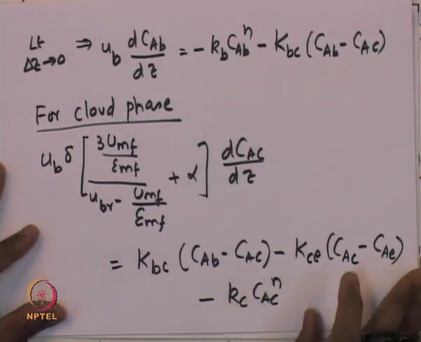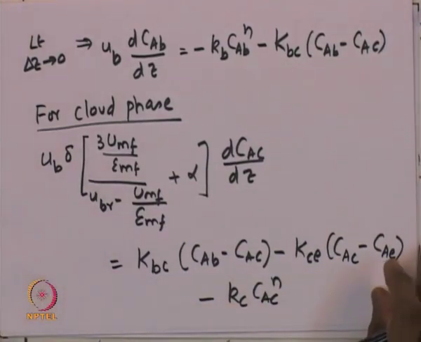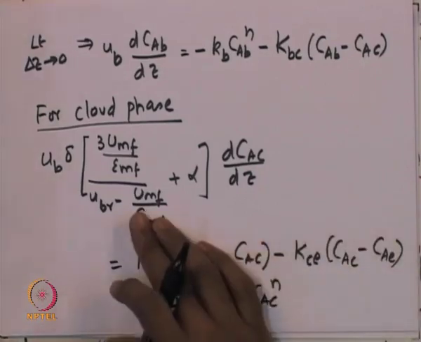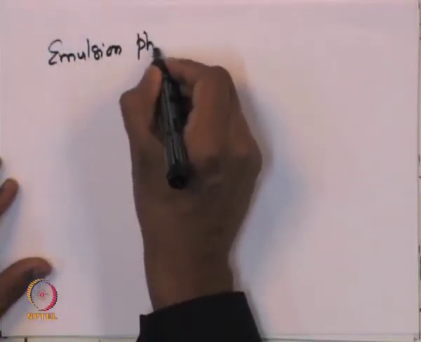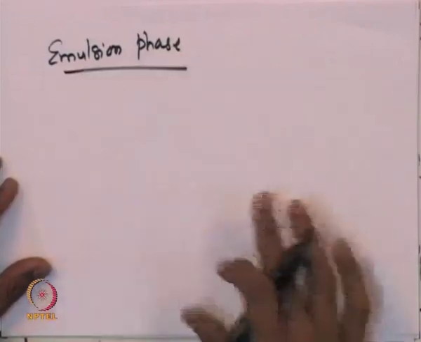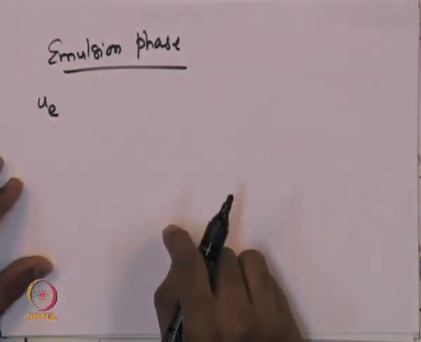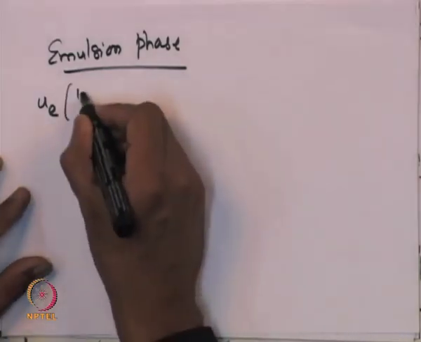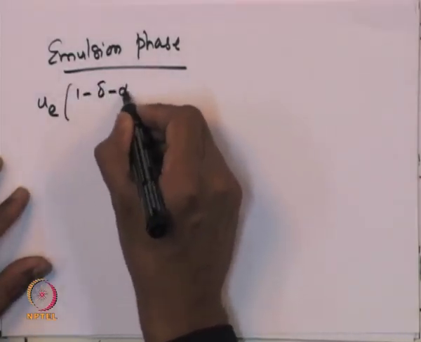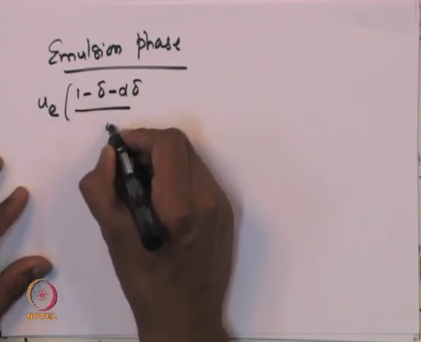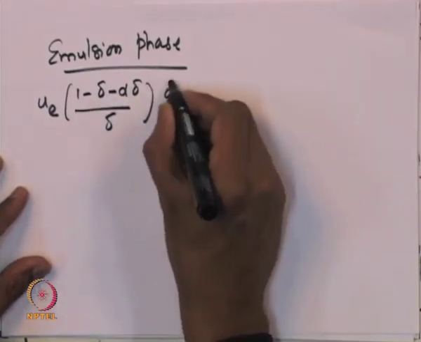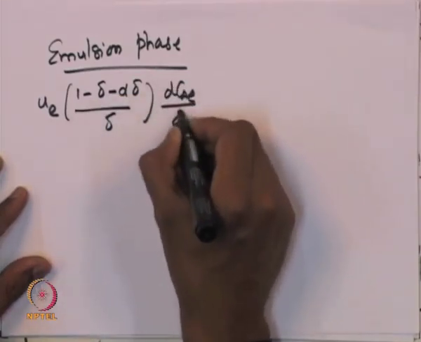So, that is the mole balance for the cloud phase, and then the mole balance for the emulsion phase is given by UE, which is the velocity with which the emulsion phase is moving, into 1 minus delta minus alpha into delta divided by delta, into dCAE by dZ.